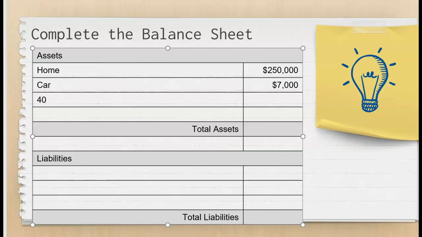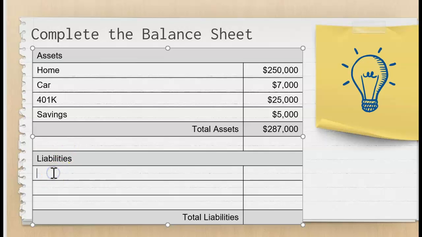A 401k at $25,000. And lastly, our savings at $5,000. So we have a total in assets of $287,000.